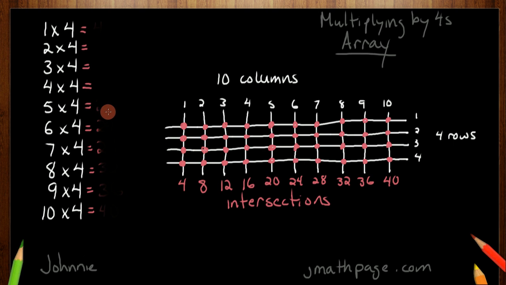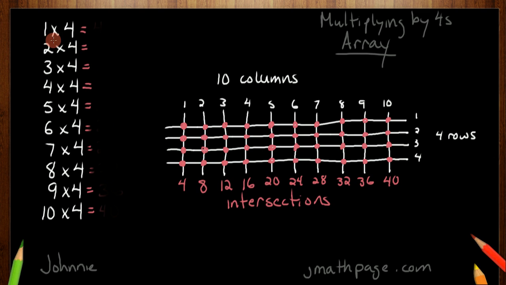Now, I've left the array here, so you still have the array over here. But what I'm going to do is I'm going to ask you to remember what these multiples are. So if I start here, I'm going to say 1 times 4 equals, and you're going to say what it is.